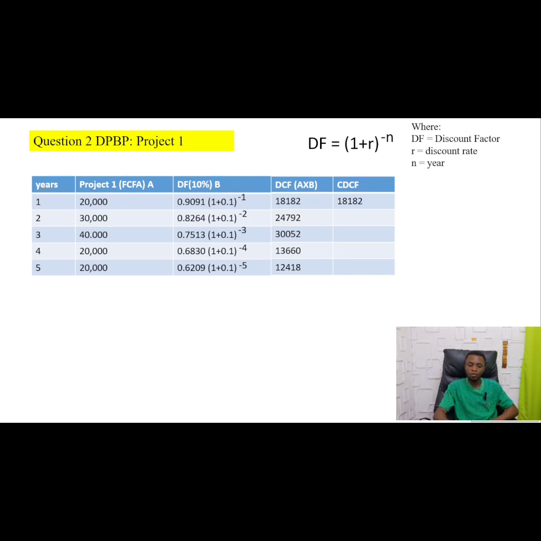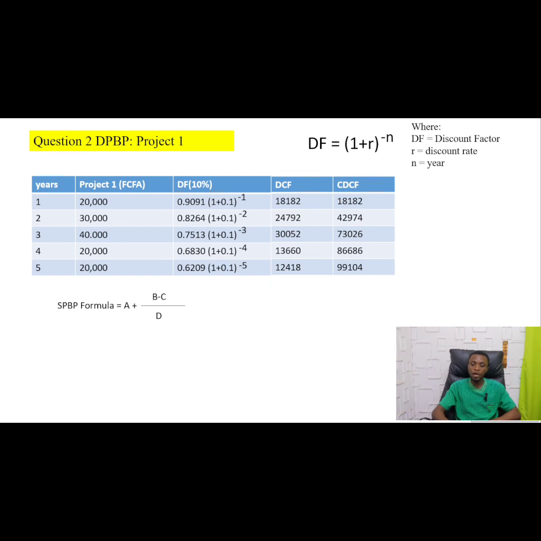The second one is the first cumulative discounted cash flow plus the second discounted cash flow. If you don't understand this step of accumulation, you can go ahead and watch our last lesson, where we explain the process of accumulation properly. We'll do the same for the third, the fourth, and the fifth.